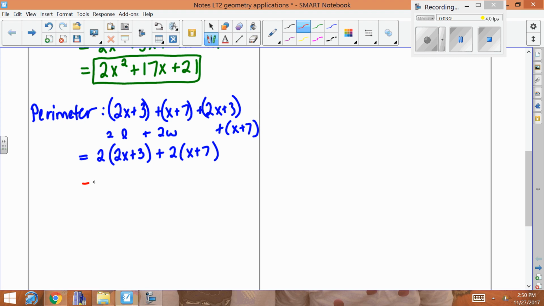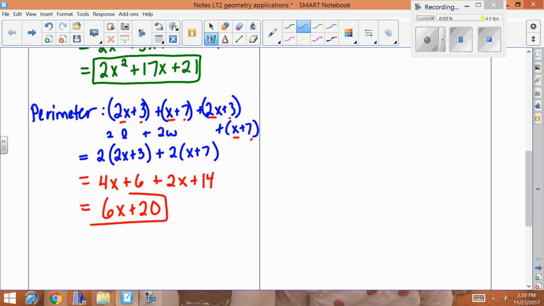If I think of it as the distributing the 2's here, that means both of those sides are 4x plus 6, and then this is a 2x plus 14. Combine our like terms together, or if you just combine all 4 of these x's and all 4 of the numbers together, either way you do it, you get the 6x plus 20 as our perimeter.